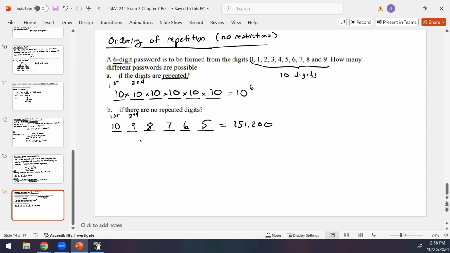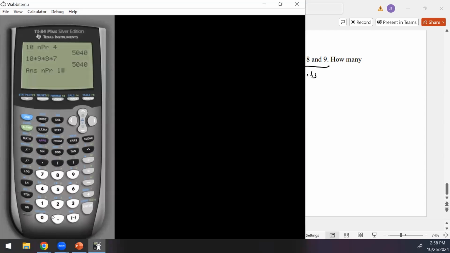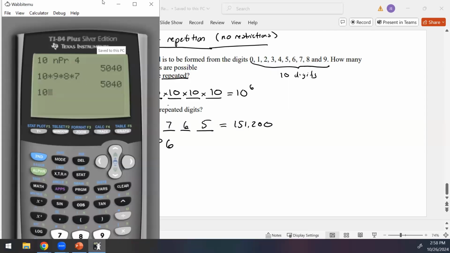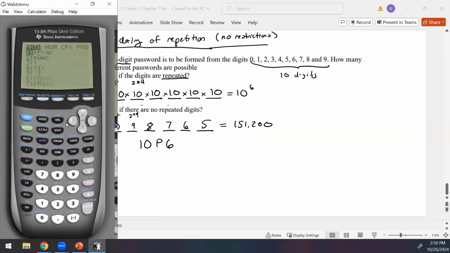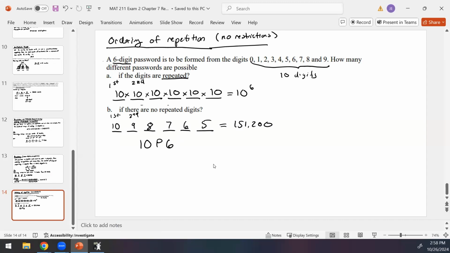If you really think about this, this is just 10, and we're permuting 6, 10P6, right? So if I go to my calculator, 10, math, PRB, nPr, 6, and we get the same number. So when you don't have to order everything, you can just use a permutation, right?